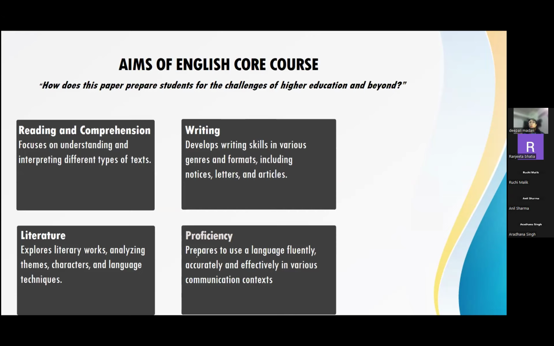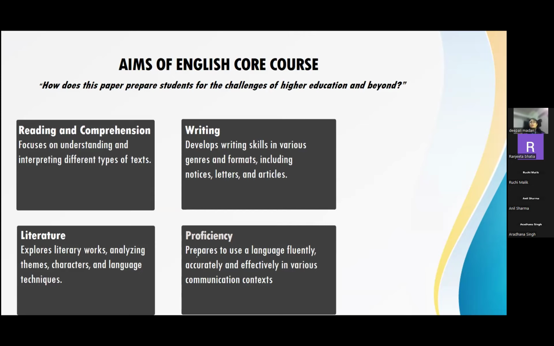In reading and comprehension, we basically focus on understanding and interpreting different types of texts. In totality, it is about enhancing students' language skills and their critical thinking through reading.